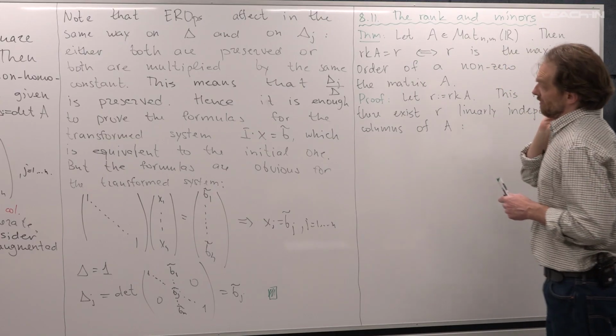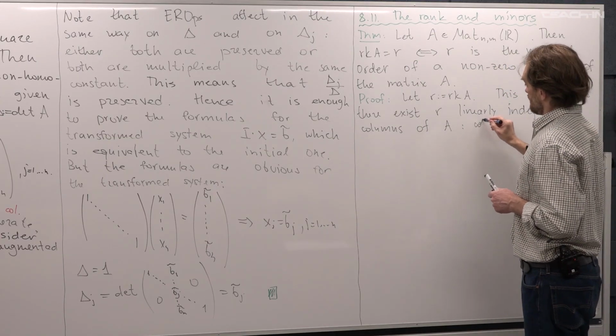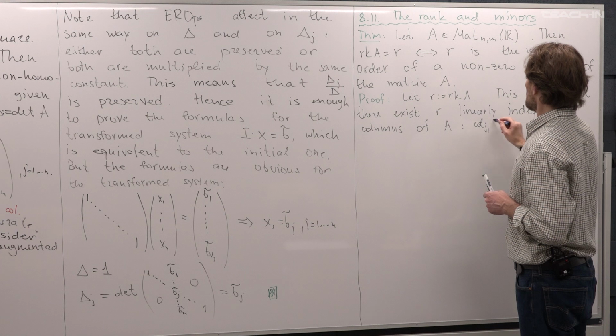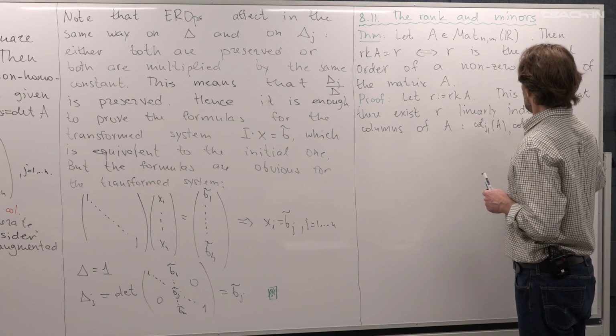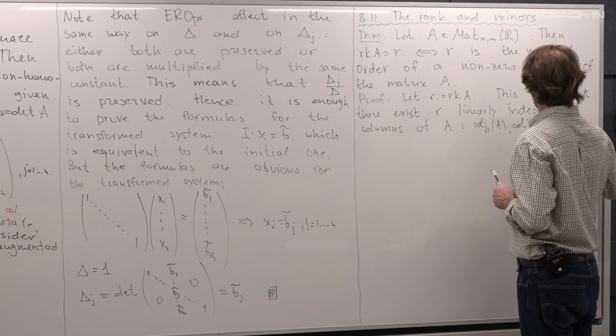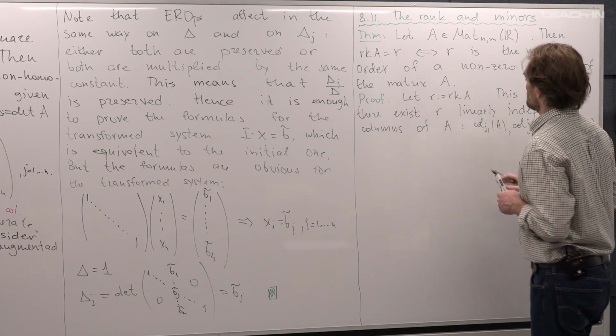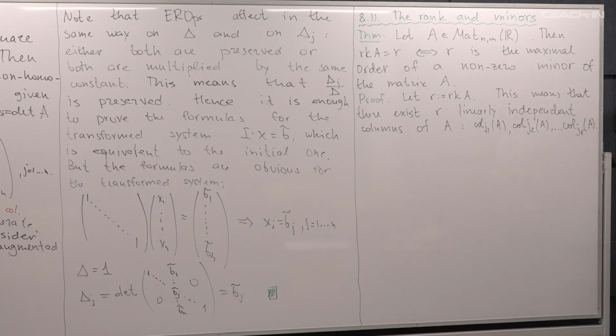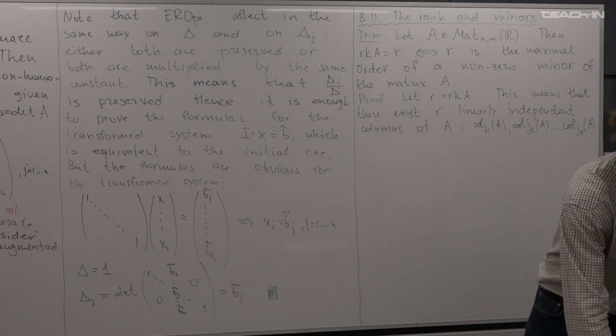Let me denote them by the column with the number j sub 1, the column with the number j sub 2, etc., the column with the number j sub r. So we assume that these columns are linearly independent.